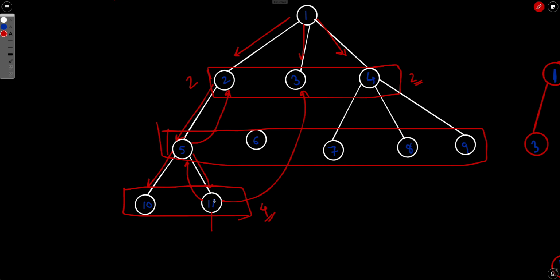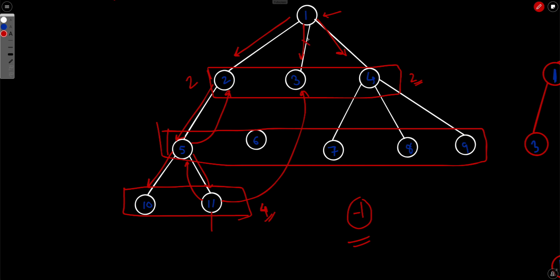Because this edge is important, it is now fixed, and you have a back edge from 11 to 3, right? And this back edge is connecting a group 4 node to a group 2 node. Because this is the case, you will straightforwardly return -1. Any possible arrangement having root node as 1 is not possible, because it leads to discovery of some node which is getting discovered by lower nodes as well.